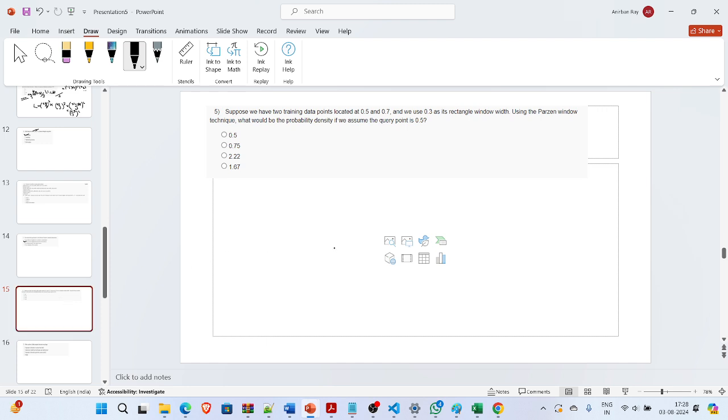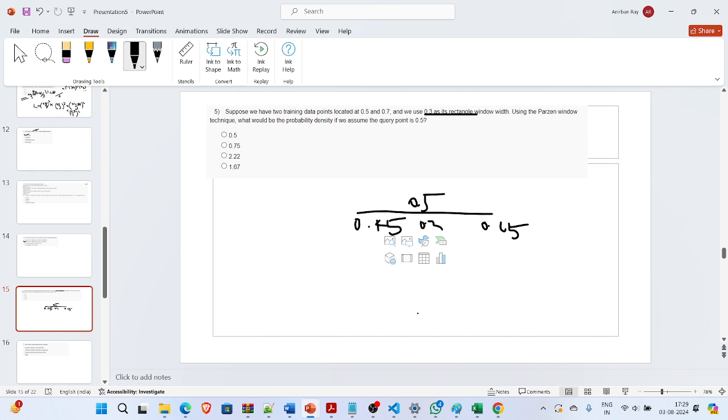We are looking for the query point, and this is the width given. It is actually on a line. The query point is 0.5 and the width is 0.3. Half of 0.3 added gives 0.65, and subtracting half of 0.3 gives 0.45.